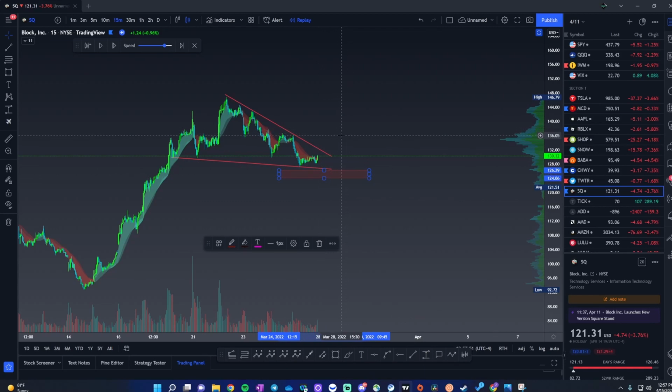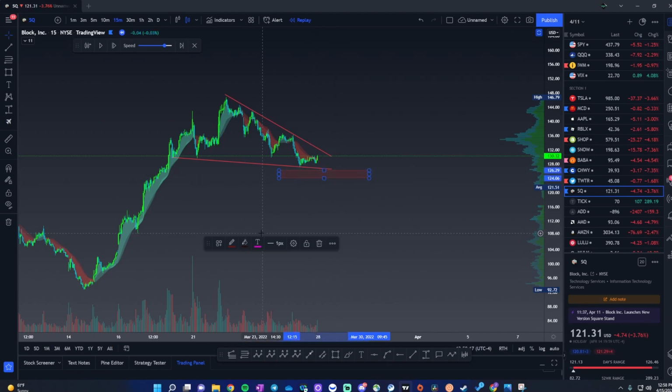Market movers, institutions, banks, hedge funds, they do this so they can pull out all the retail traders and take their positions. They want as much liquidity as possible, and they want a better price before moving the market in the direction they want. So I always move my stop loss a little bit below. It's going to result in a little bit of a bigger drawdown if it does happen, which is why you always need to size smaller than you think.